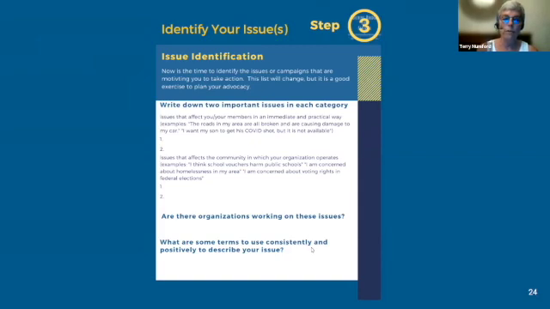Doing that right up front may seem like you're doing it too early, but you aren't. It is never too early to start framing and talking about your issues positively, taking the initiative of how you want to describe your issues. And the direct opposite of that is reacting and echoing how someone else describes your issue.